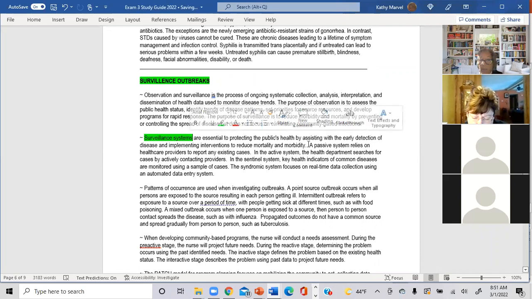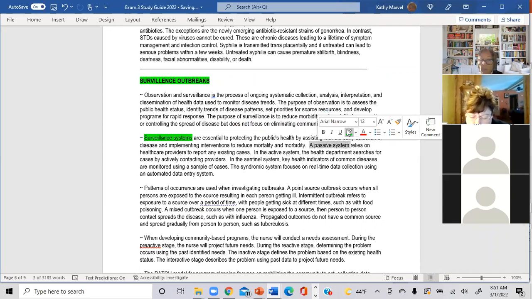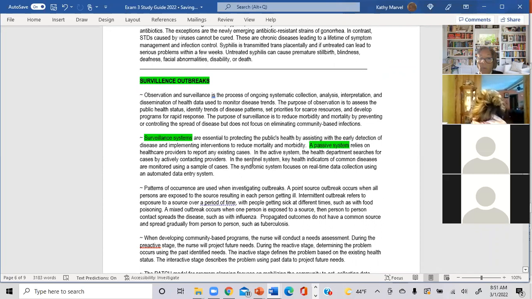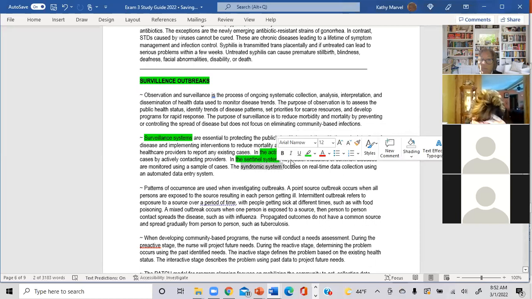Here's your passive system, which relies on healthcare providers' report of existing cases. Here's your active system. Here's your definition of your active, your sentinel, and your syndromic. So these are definitions.